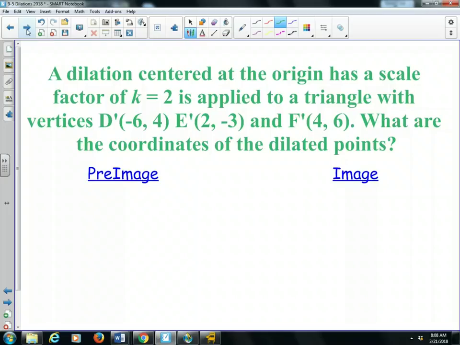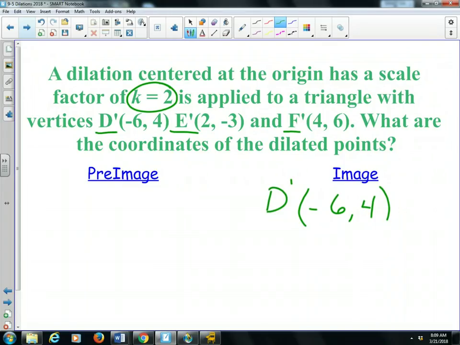This time, again, I have a dilation centered at the origin. It has a scale factor of 2. So my scale factor of 2, it's going to be an enlargement. But this time I am given the image. I'm given D prime, E prime, and F prime. So if I'm given the image of a negative 6, 4, that's point D prime.